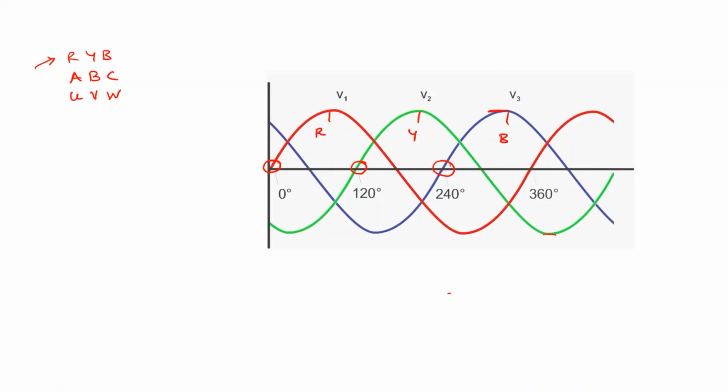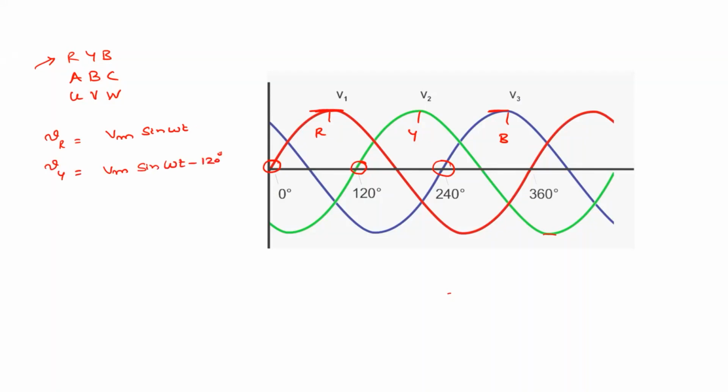How are these three phases written? That is R phase. Let us assume this is VR, so it will be Vm sine omega t, with this one as the reference. How will the Y phase be? It will have the same magnitude and same frequency, but it is delayed by 120 degrees.